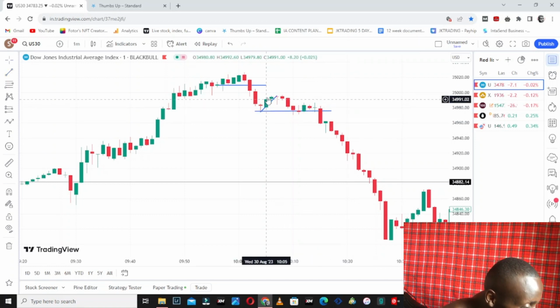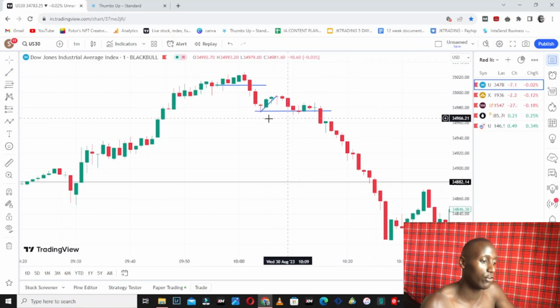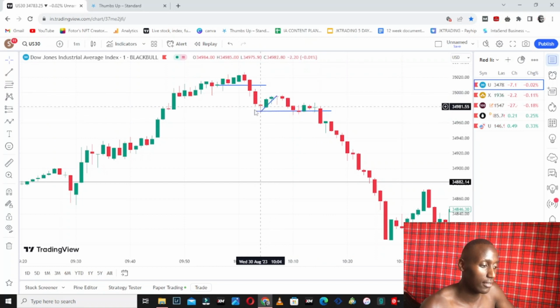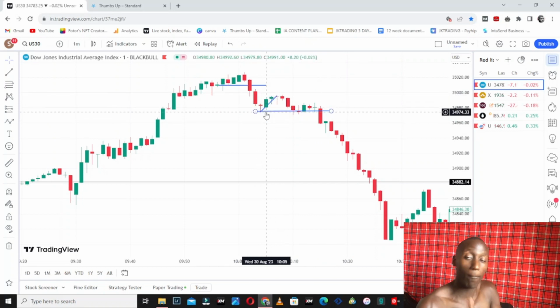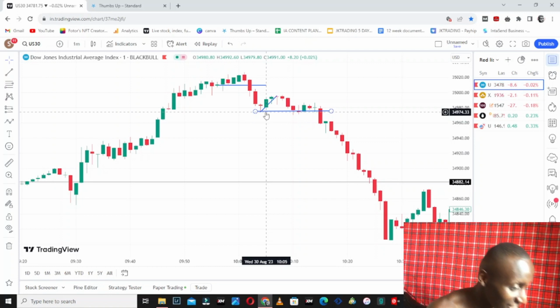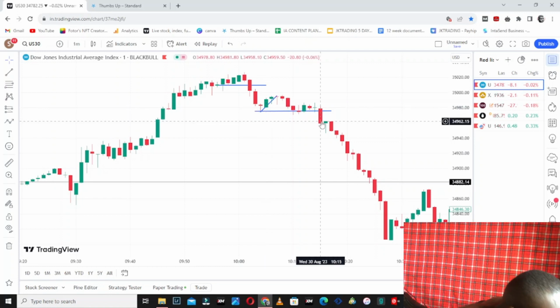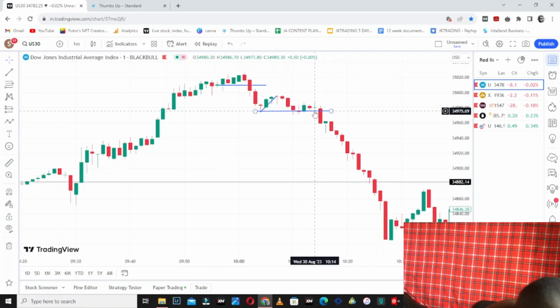The moment a candle closes outside of this low, that might trigger an entry for someone. So what I only look for is this candle here. This candle must be bigger than this candle.